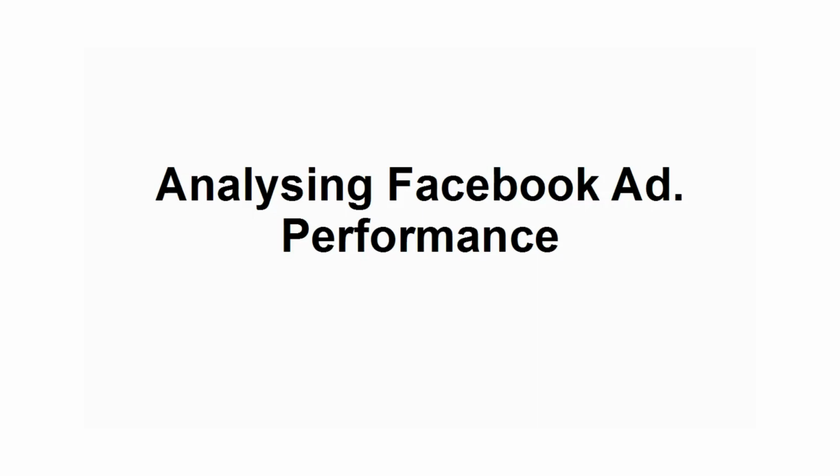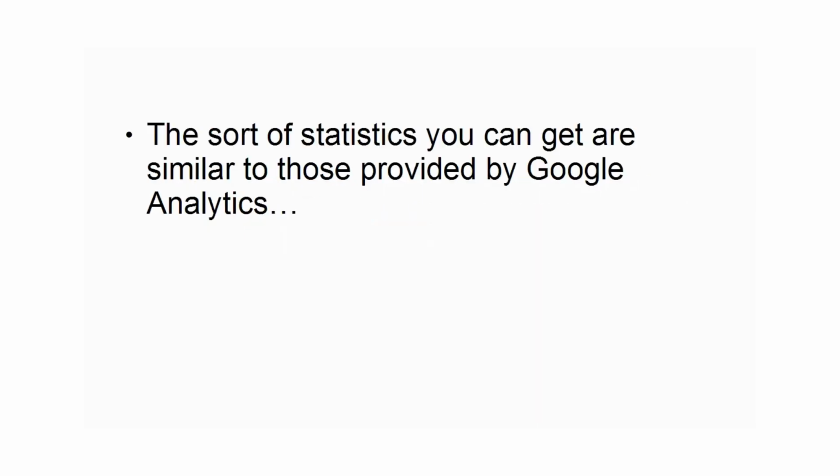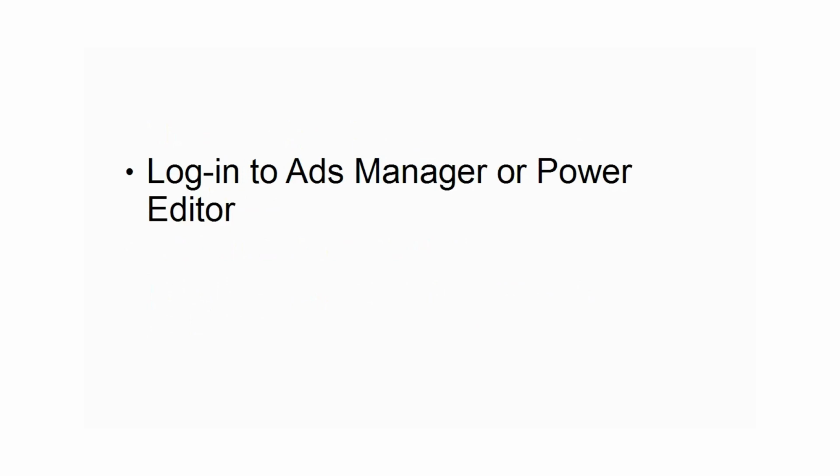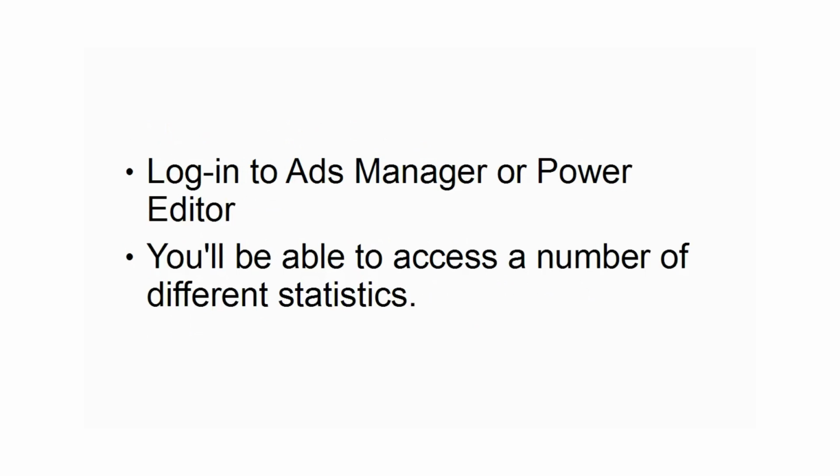Let's take a look at some of the stats. The sort of statistics you can get are similar to those provided by Google Analytics, but in much greater detail. Let's look at some of the different metrics. First of all, you'll want to log into Ads Manager or Power Editor. You'll be able to access a number of different statistics.